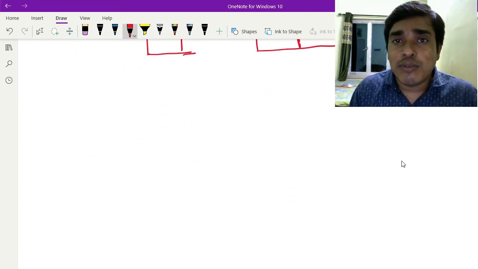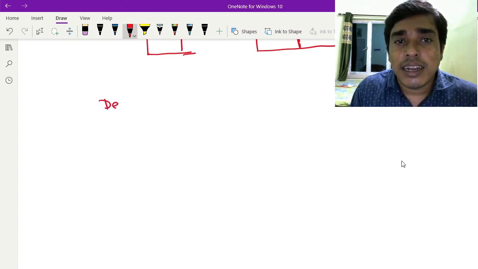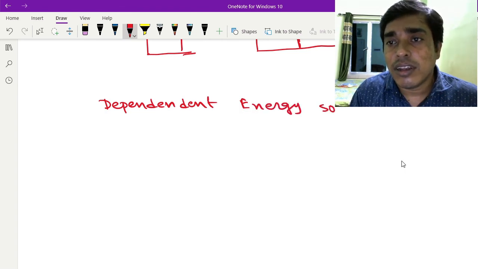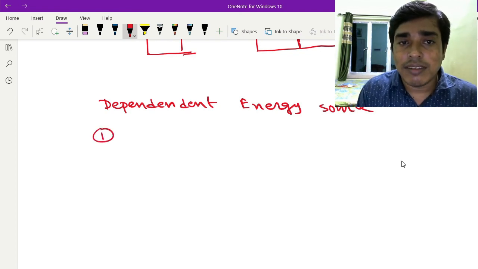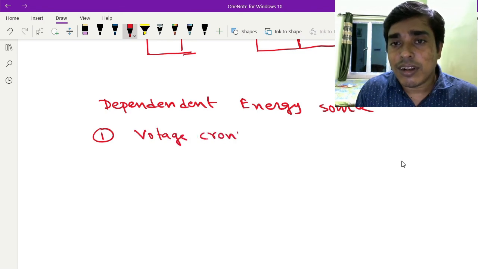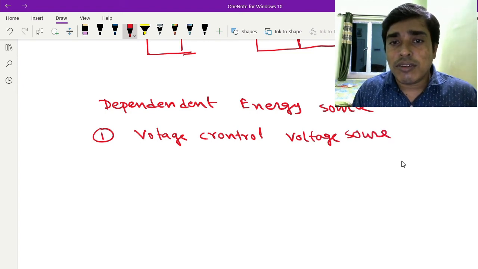But there are four dependent energy sources. One is the voltage controlled voltage source.